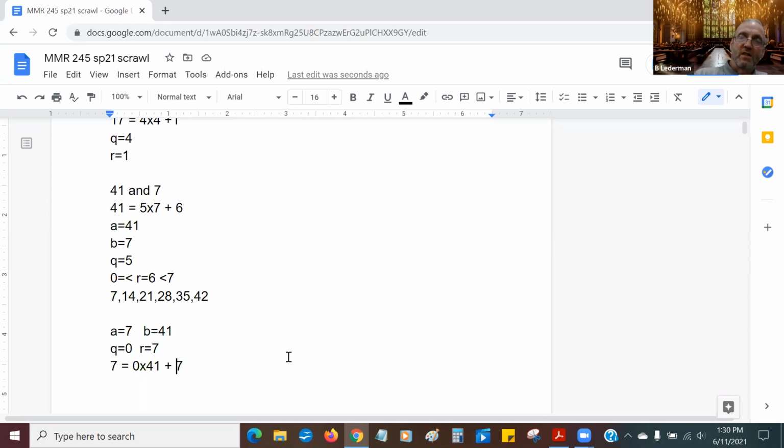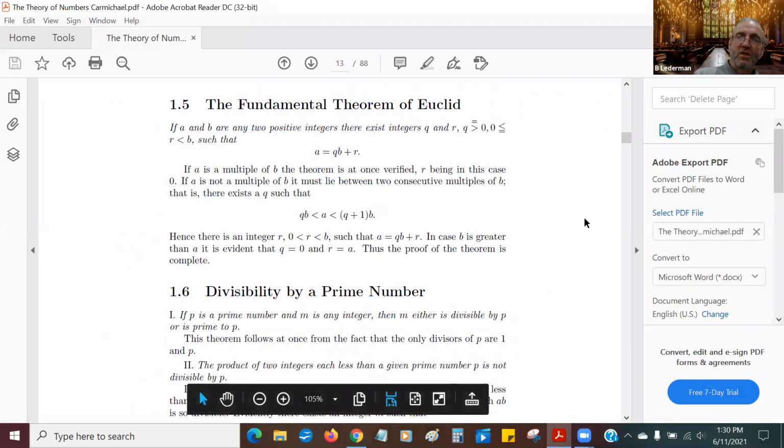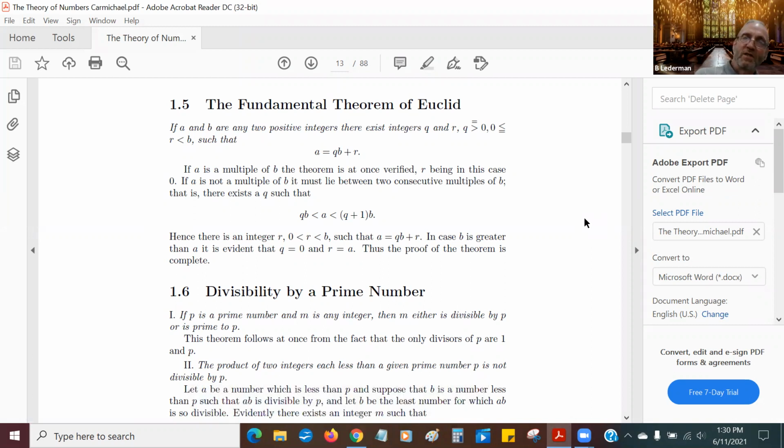And this is what allows us to do division. Again, some of you may be thinking, what's the point of this? It's so simple, so obvious. Why are we spending all this time on something that's so obvious? Well, it's only obvious because you've been told these things all your life.